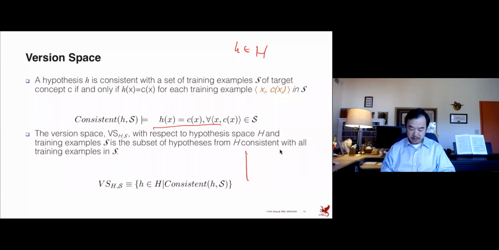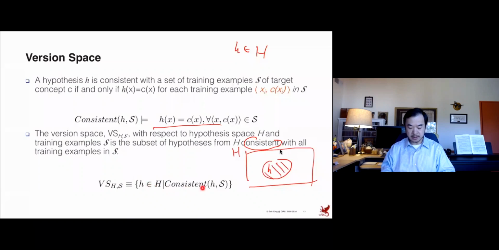In the entire space of capital H, there is a subset where the little h live which we call consistent. Consistent means that they make no error on the training examples, and we call this the version space of H. This guy is the version space, which is defined in here.